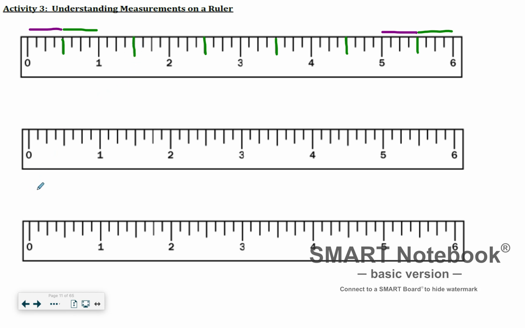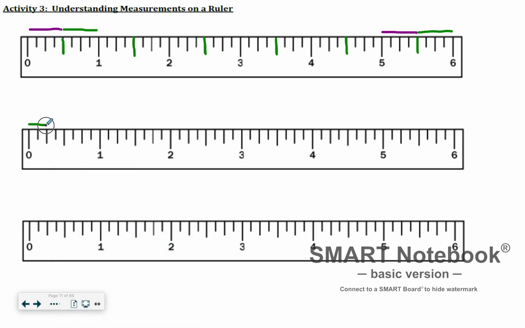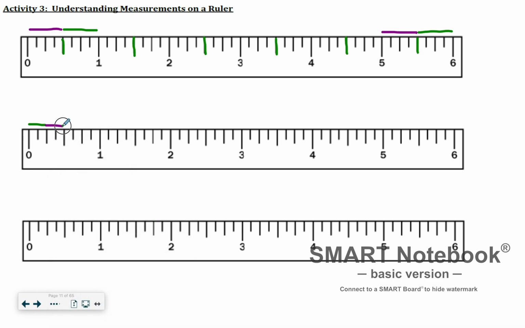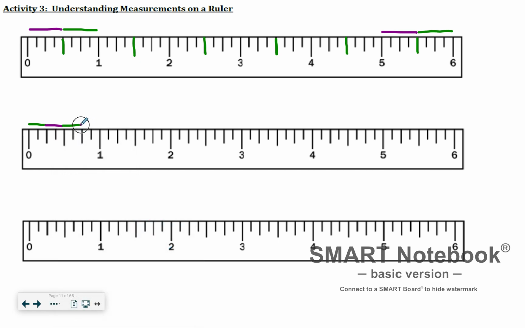Now let's look at the next ruler down. We can divide each inch into 4 parts. So watch as I do that. 1, 2, 3, 4.